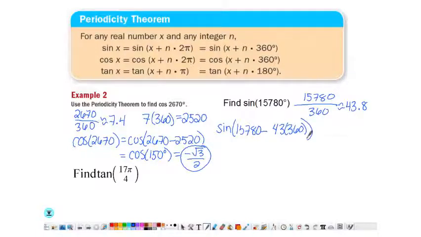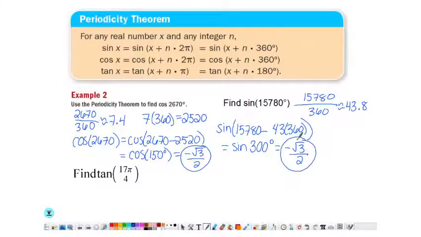Now 43 times 360 is 15,480. So we have 15,780 minus 15,480, which is going to give us the sine of 300 degrees. Okay, well 300 degrees is on the unit circle, that's in the fourth quadrant, and that's going to give us negative root 3 over 2 if we use our unit circle values.